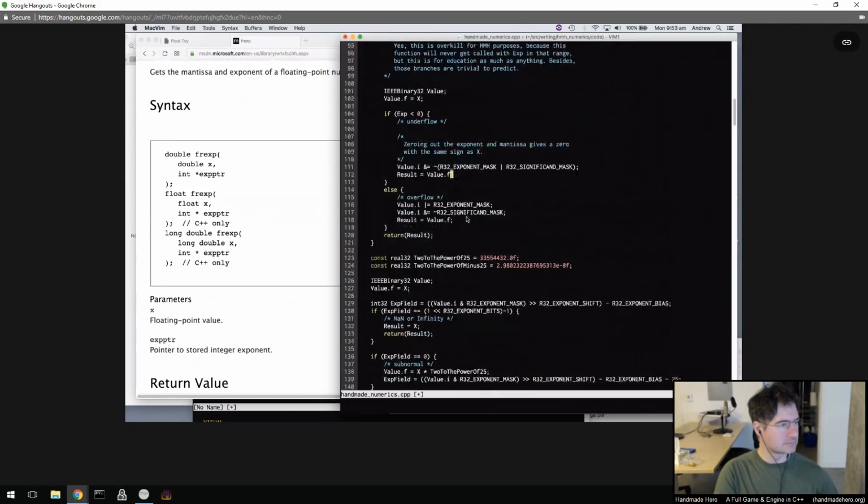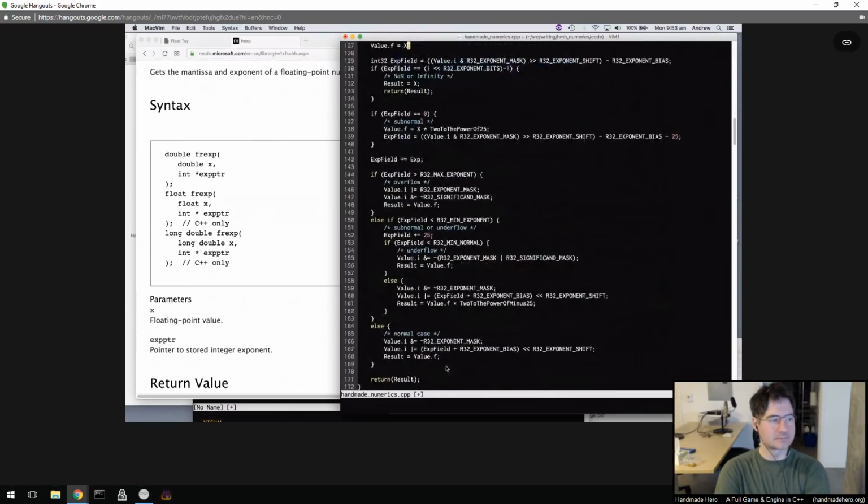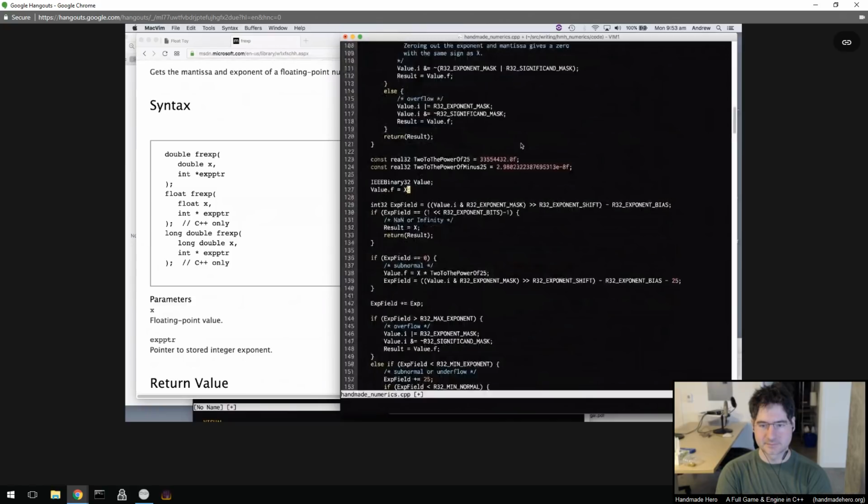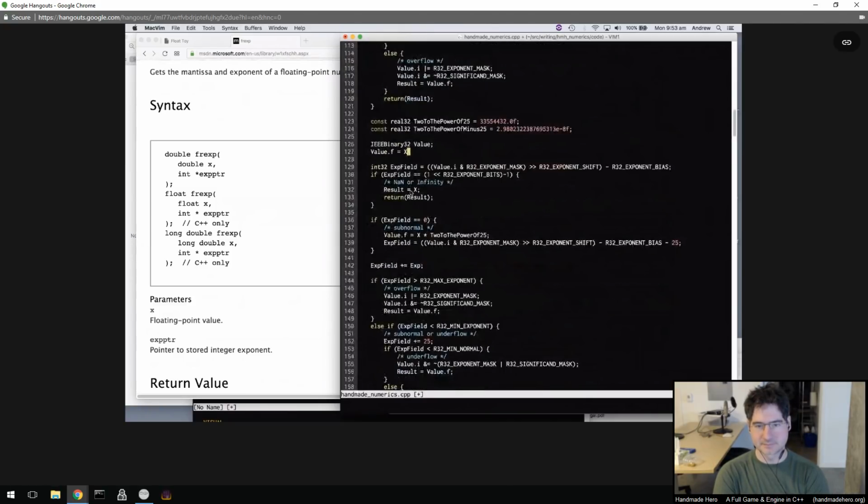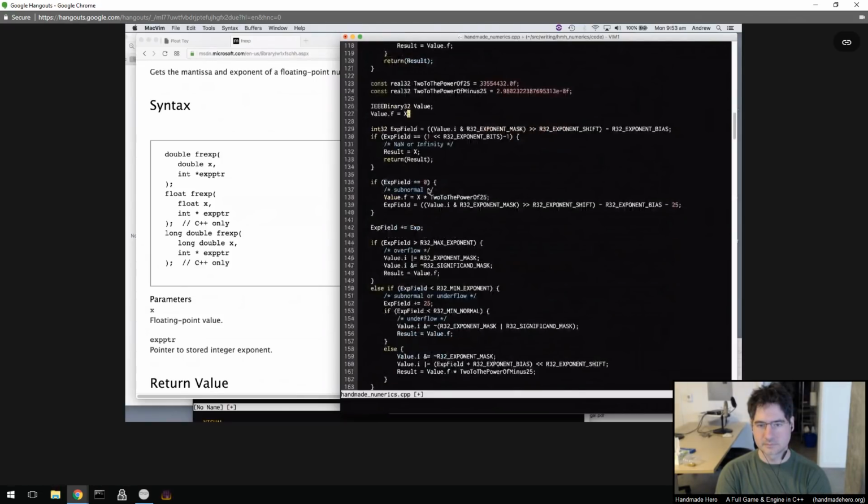And now this is all the code that does the rest of it, and this is a bit nasty here. So for NaN or infinity, we just return x. That's fine. And to handle the normal and subnormal cases, basically what I did here was exactly the same as above. I used 2 to the power of 25. I've got 2 to the 25 and 2 to the minus 25. So if we're trying to scale a subnormal number, we turn it back into the normal range.